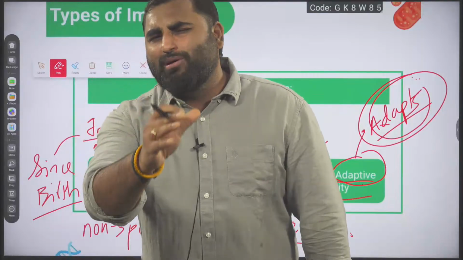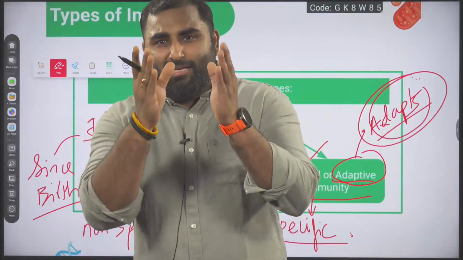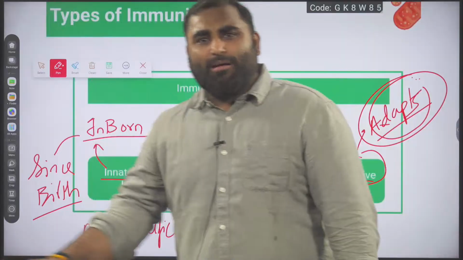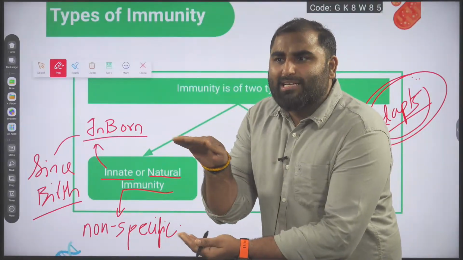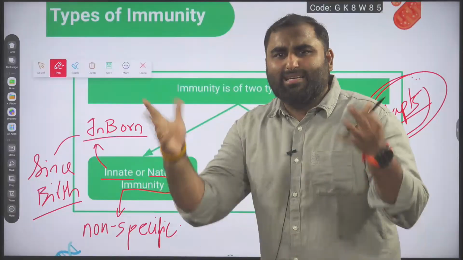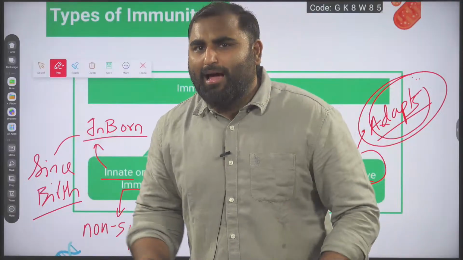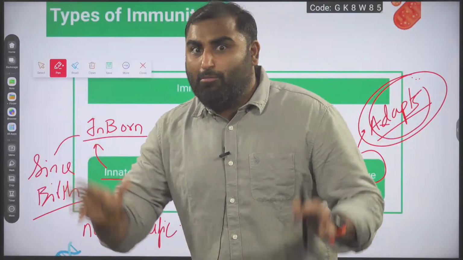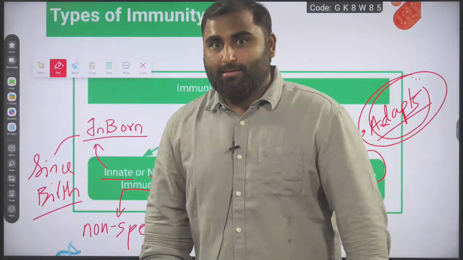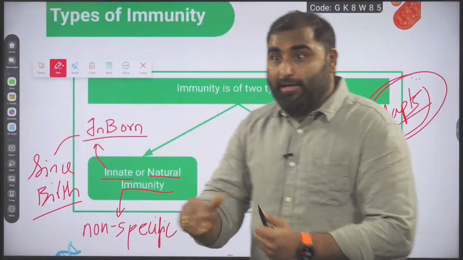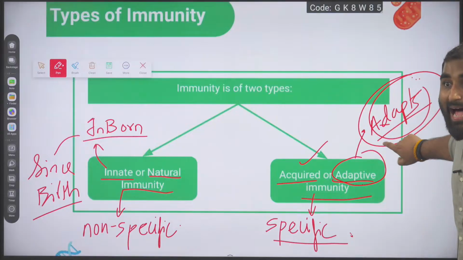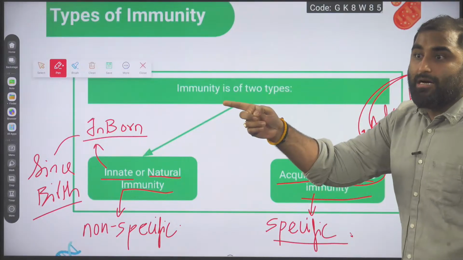Same is your immunity. When you are born, your immunity is like a small child. It doesn't know how the people are, how the foreign bodies are, how bad the foreign bodies are. But when it interacts with a foreign body, it adapts. It acquires knowledge about it.